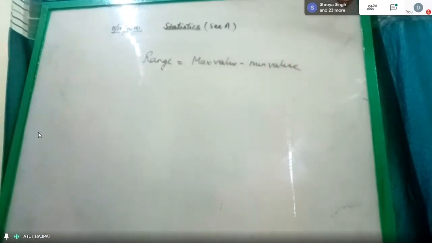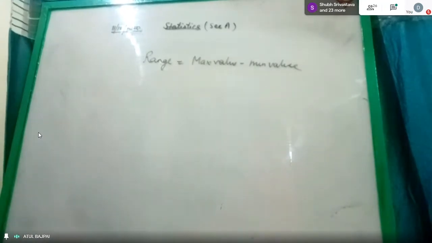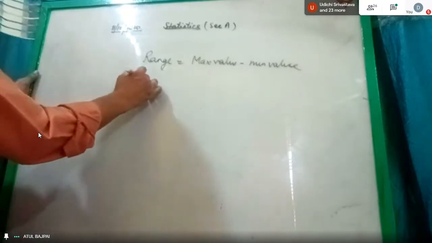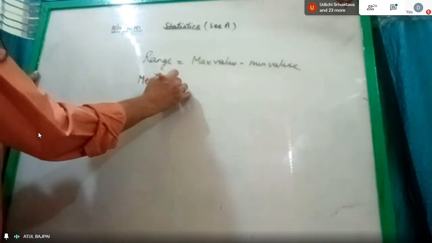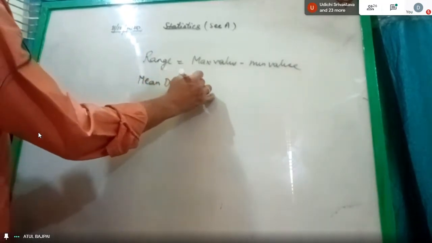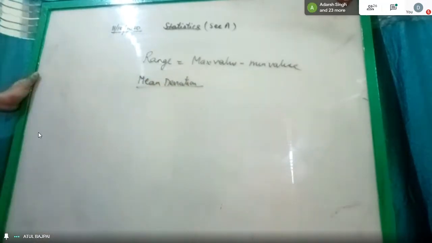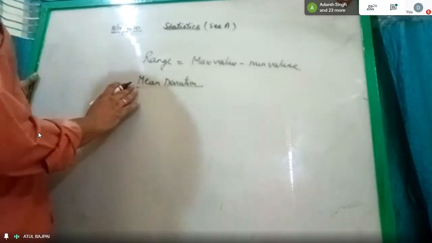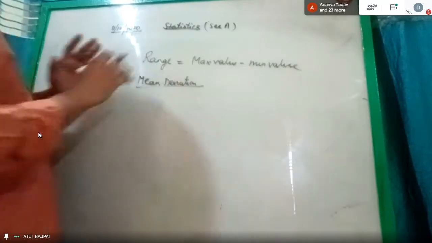Okay. We'll do a question so you get to know, very simple one. Maximum value minus minimum value. Now we go to the mean deviation. As the name says, it is the mean of the deviation.